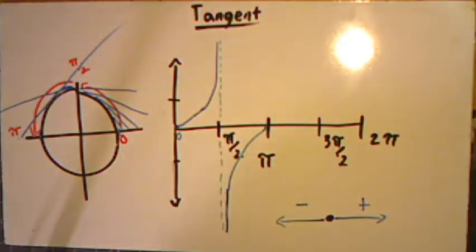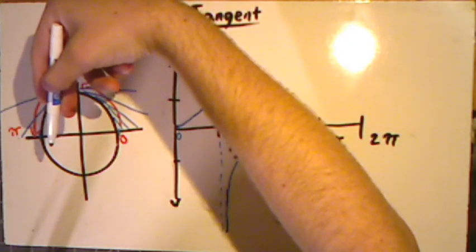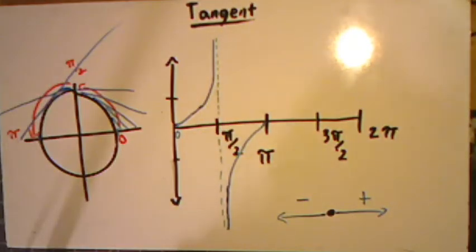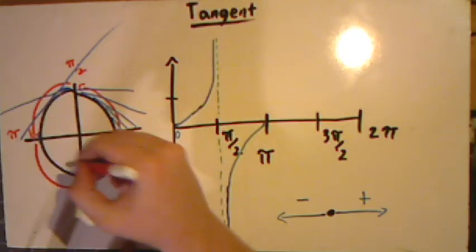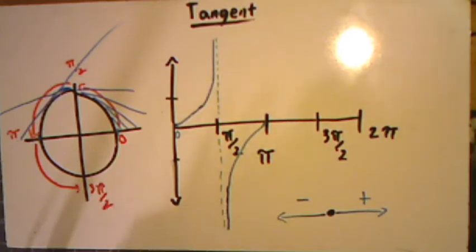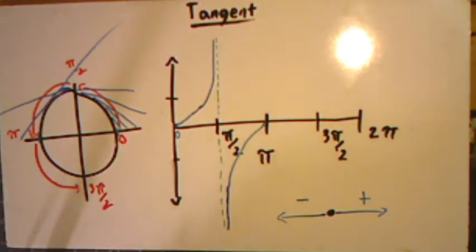From here, you would have to kind of think of it as upside down. So as we continue going forward, from pi to 3 pi over 2, it is almost like looking at an upside down version of our circle.